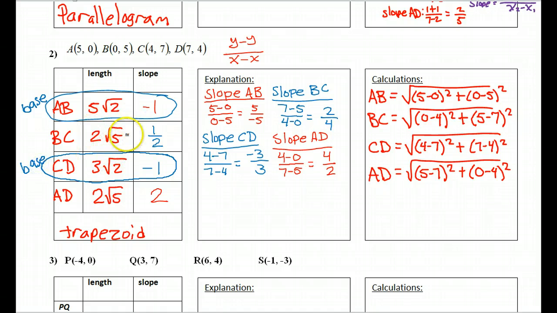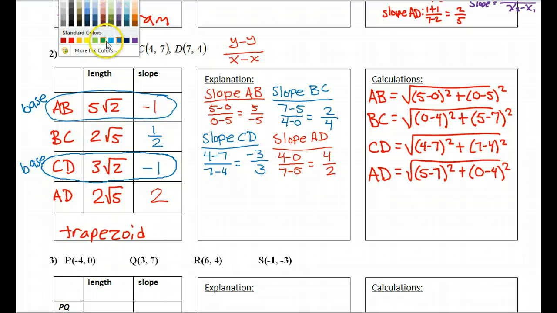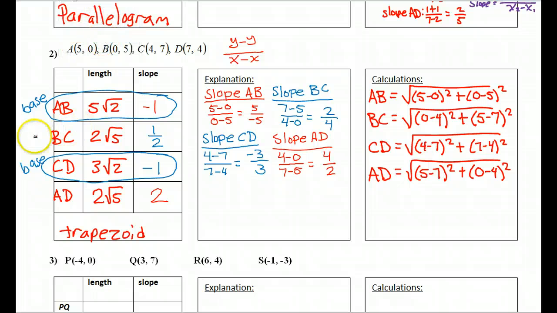Okay, that means these other sides must be the legs. So that means that BC must be a leg, and that means AD must be a leg. Alright, the non-parallel sides are the legs.